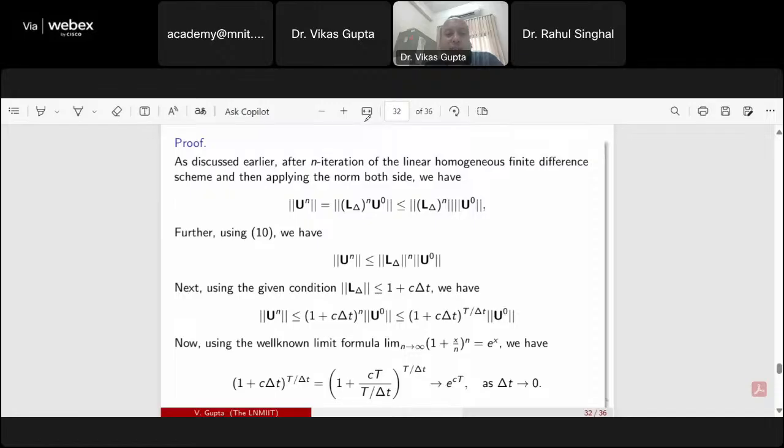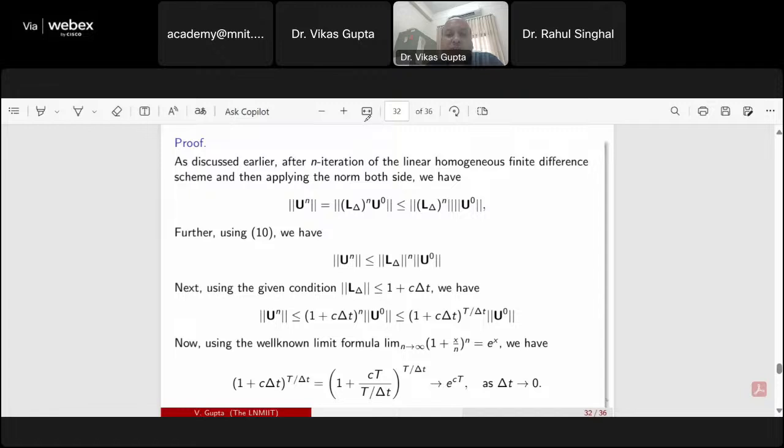Now, using the well-known limit formula for the exponential function, limit n tending to infinity of (1 plus x upon n) to the power n is equal to e to the power x, we have (1 plus C delta t) to the power T upon delta t. It can be rewritten in this way, (1 plus CT upon T upon delta t), that is, we multiply by T in numerator and denominator in this term and write T upon delta t.